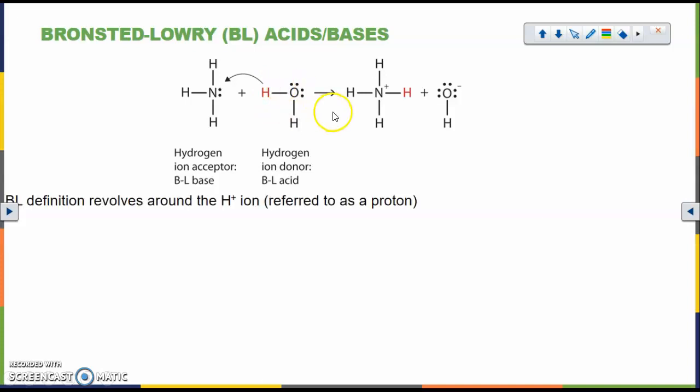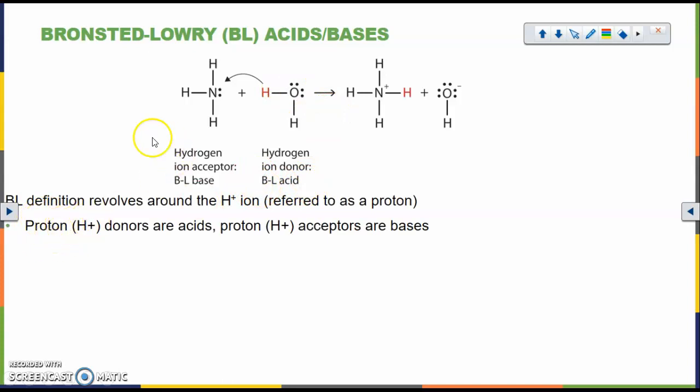And in the Bronsted-Lowry acid and base definition, acids are hydrogen donors, or hydronium donors, or proton donors, if you want to use all three names. And bases, on the other hand, are acceptors. So bases are proton acceptors, hydrogen acceptors, or hydronium acceptors.